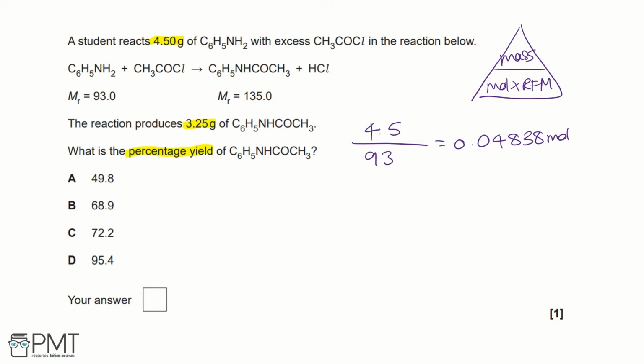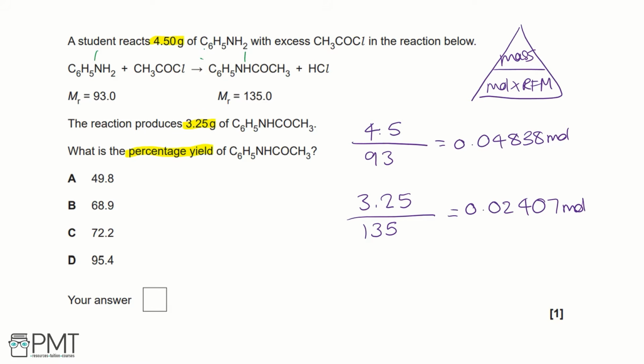And we have a 1-to-1 ratio of moles, so that means this is the theoretical moles of C6H5NHCOCH3 that we would expect to be produced. But the reaction says that 3.25 grams are produced, so we need to work out these moles. So that would be 3.25 divided by 135, and that equals 0.02407 moles. So we can already see that they're not the same.